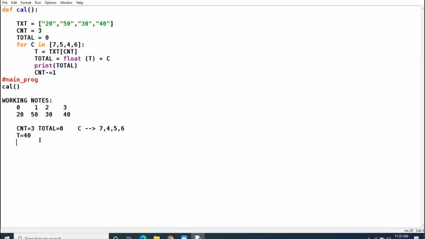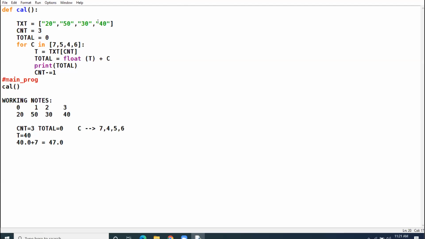Now it has become of type float, plus C. C initial value is 7. So 40.0 plus 7 will give the result 47.0. 47.0.